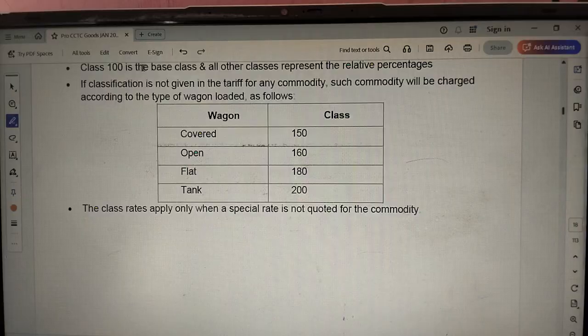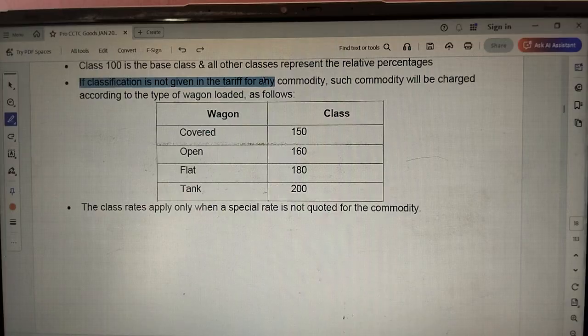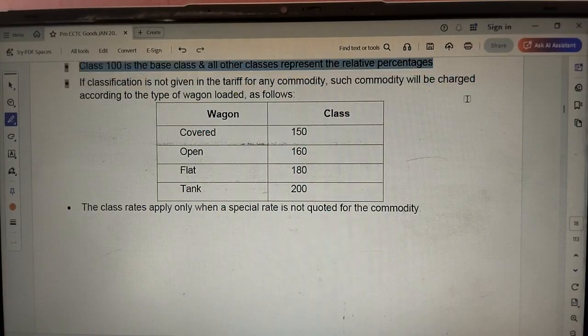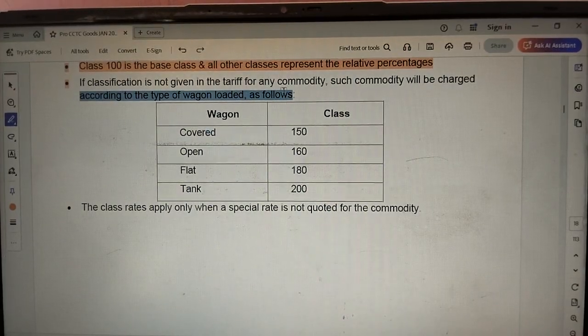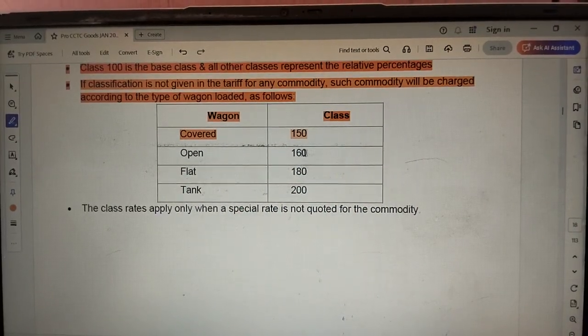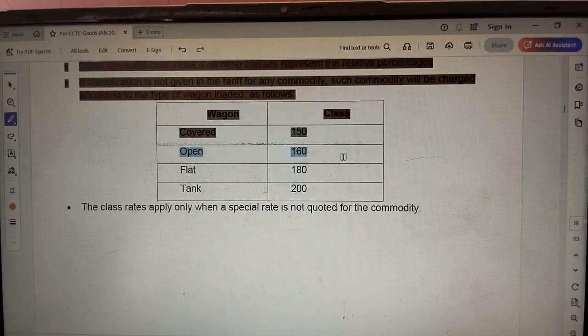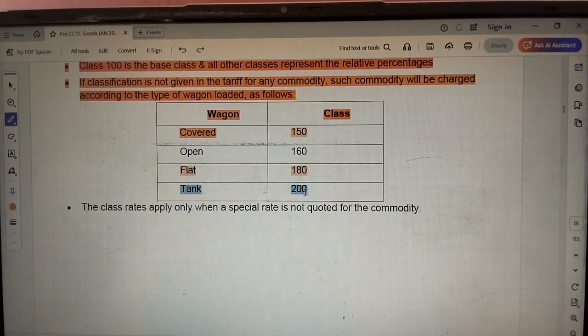If classification is not given in the tariff for any commodity, such commodity will be charged according to the type of wagon load as follows: covered wagon charged class 150, open wagon class 160, flat wagon class 180 and tank wagon class 120.